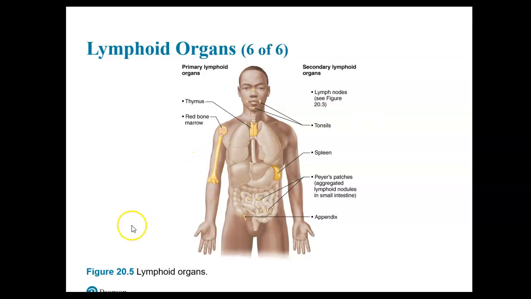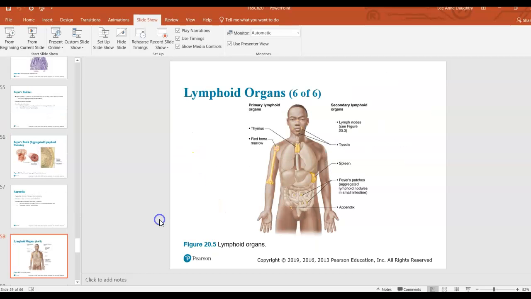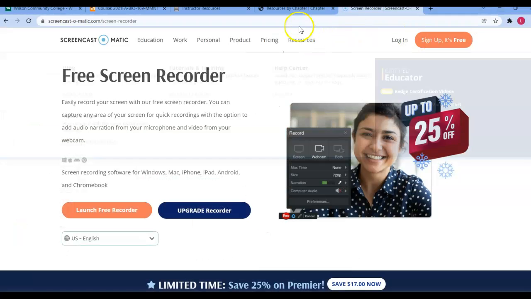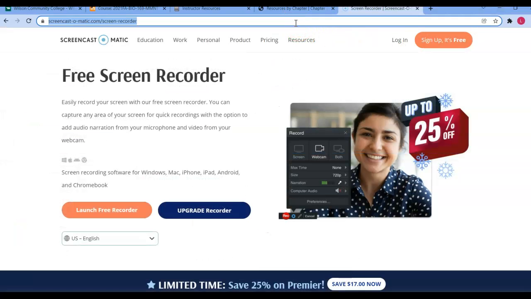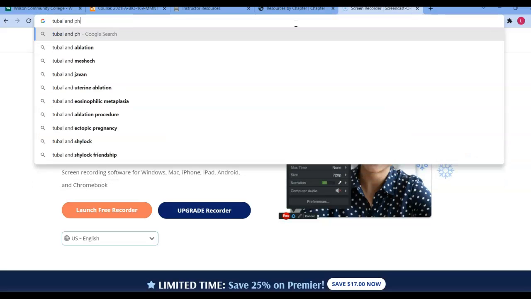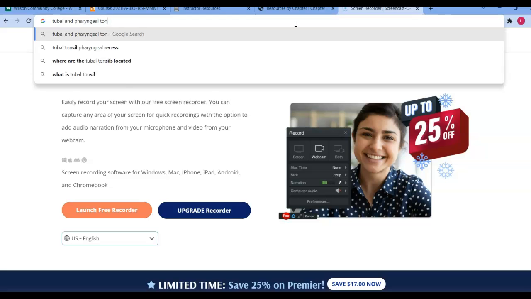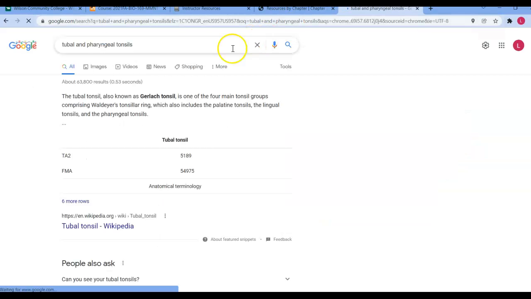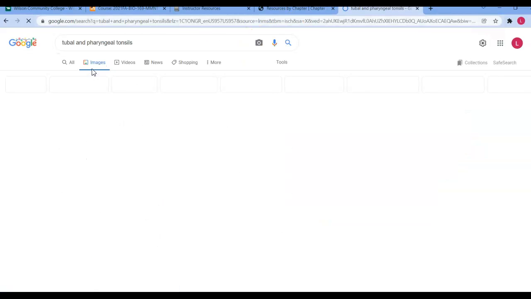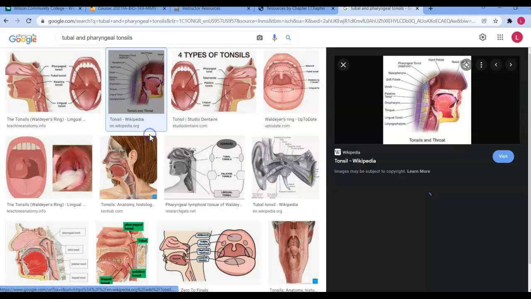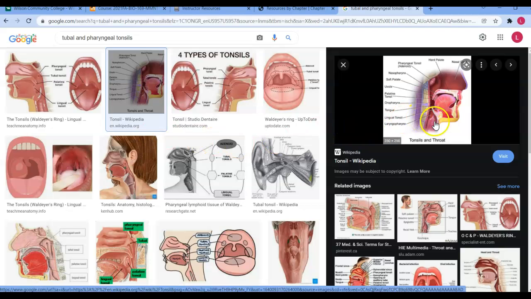Okay, so here's what we're going to do. We're going to do this really fast because it's important. We're going to do a Google search of the tubal and pharyngeal tonsils, and let's look for images. Okay, this is a side view. I hope this one's good.